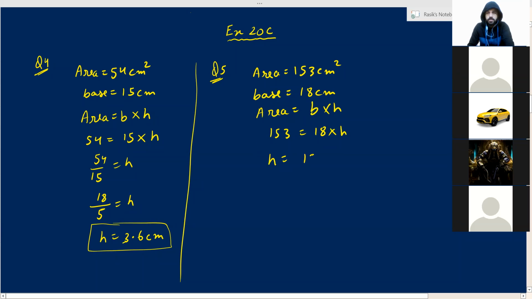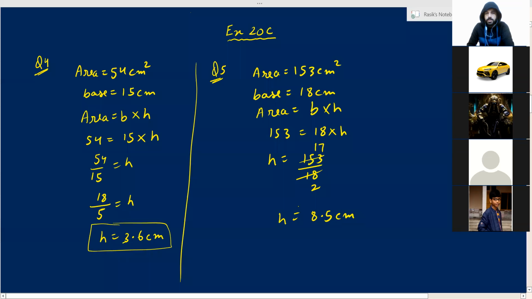So h equals 153 upon 18, dividing by 9. 153 divided by 9 is 17. H equals 8.5 centimeters. Keep your video on, children.